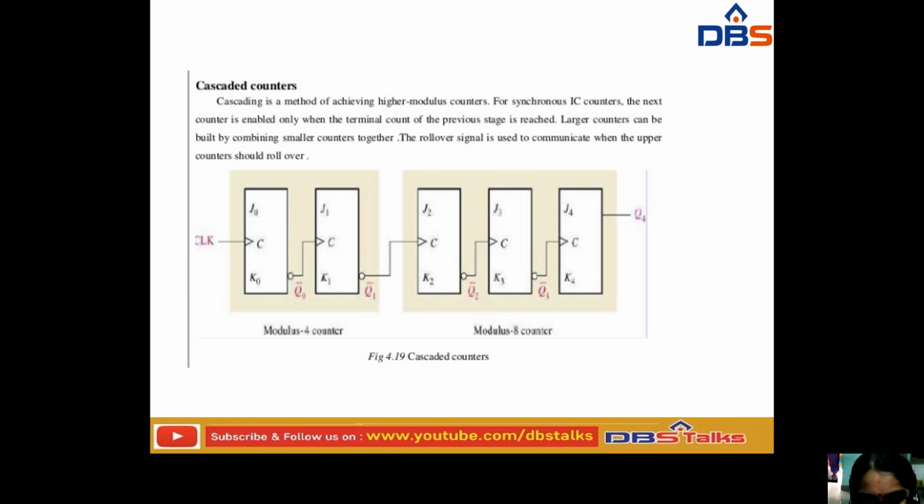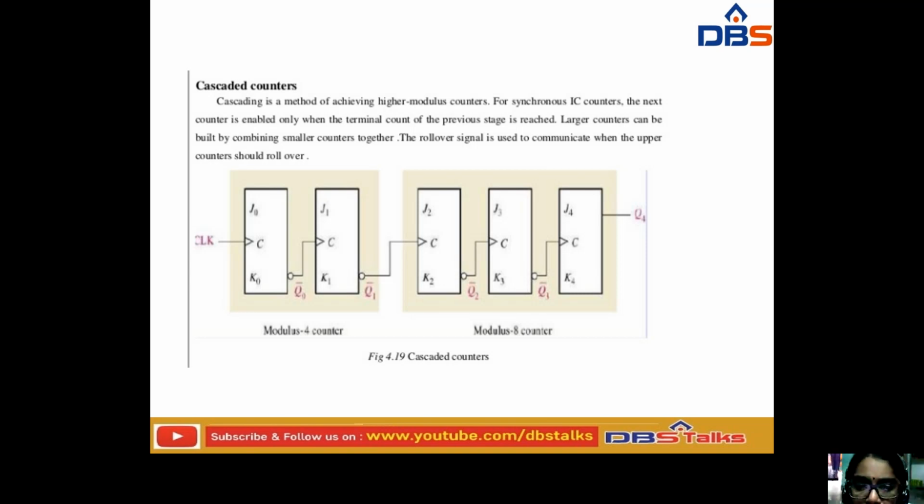Here the basic process is cascading. Why? Because larger counters can be built by combining smaller counters together, and the rollover signal is used to communicate when the upper counter should roll over. Finally, the modulus operation applies to these cascading counters.